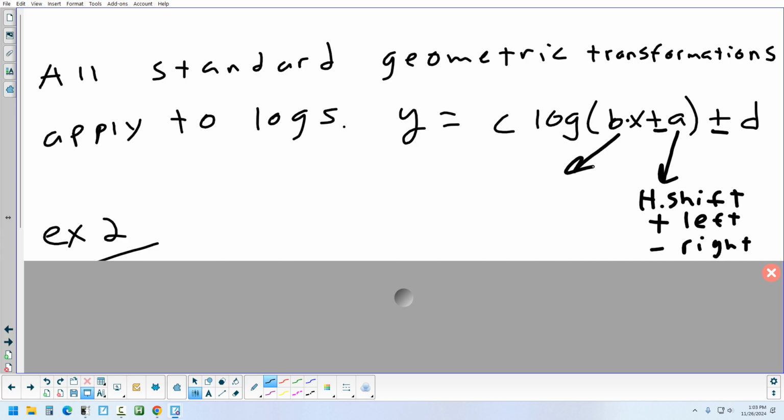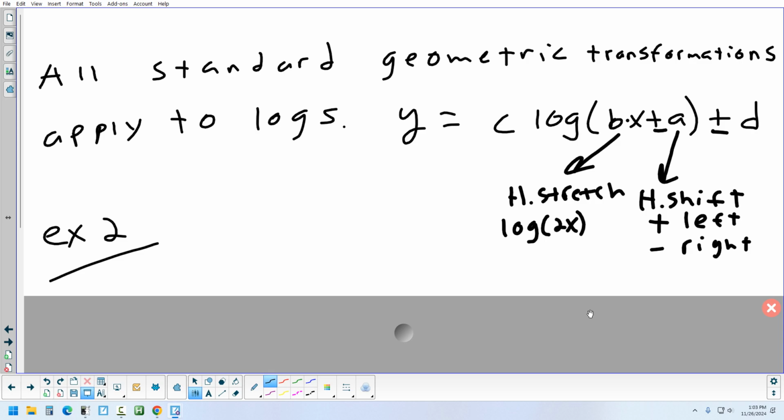Okay, how about B? A stretch. What kind of stretch? Horizontal. Inside is always horizontal, and it is a stretch. Remember though, it is backwards. So if you had something like log 2x, that would be a horizontal stretch by 1/2.